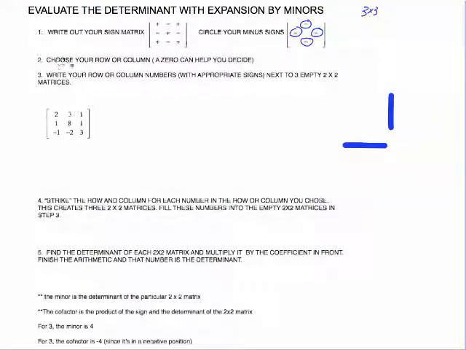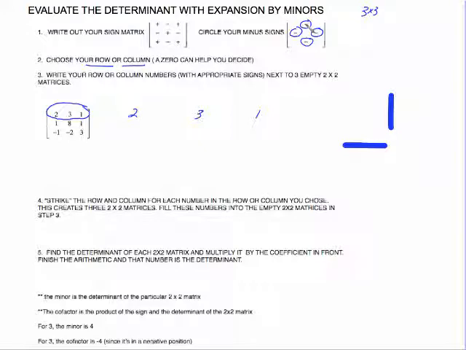Now, you're going to expand using any row or column. And if there's a 0 somewhere, you'd like to use that row or column. I'll show you one of those in a couple of minutes. So I'm going to expand on the first row just because it's the first row. So you're going to write out the row or column number. Since I'm going to do it on the first row, I'm writing out 2, 3, 1, spreading it out a little bit, and going back and picking up any negative sign I might need.